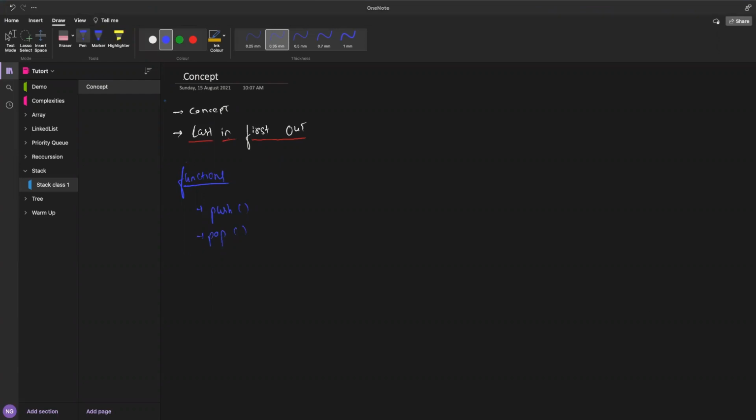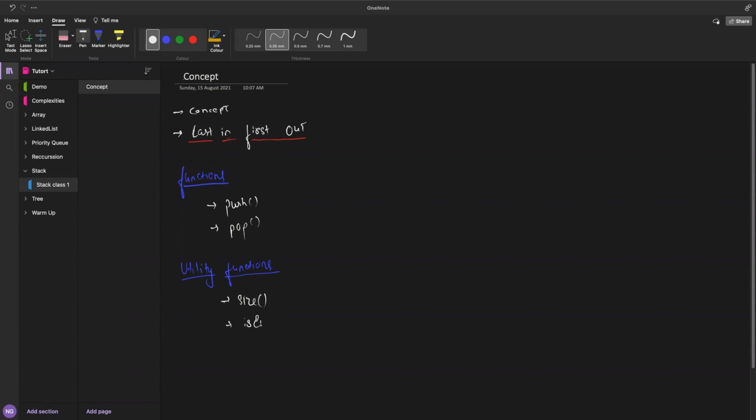Now there are some other terminologies, or utility functions. Utility functions are the functions which support the implementation of stack. So what utility functions do we have? We have size: what is the current size of the stack?